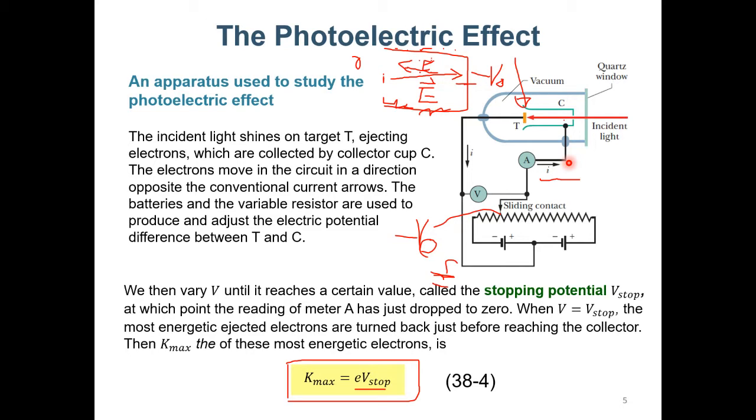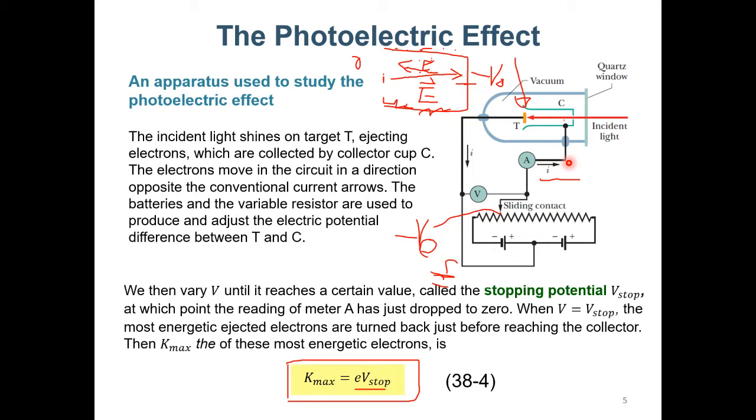This is a very interesting phenomenon because it does not stop gradually or linearly. This is the V stop we mentioned, where suddenly there will be no current going through the loop.